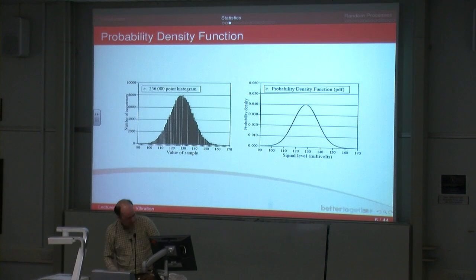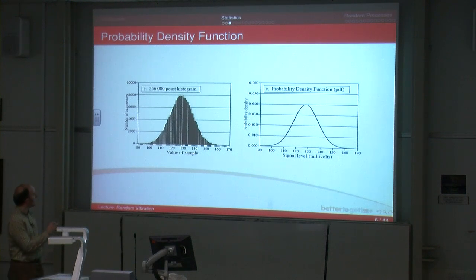The histogram displays the value of the sample down here and how many times that's occurred. If you add up each of these little bars, so at 120 I've got about 5,200 or whatever, you add up all of those, you're going to get 256,000. And that's how those things are distributed, and that's called a histogram. There's a little bar for each of these values, and that will show you how many times that's occurred.